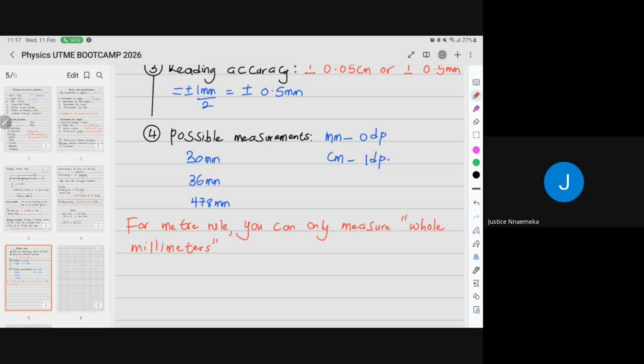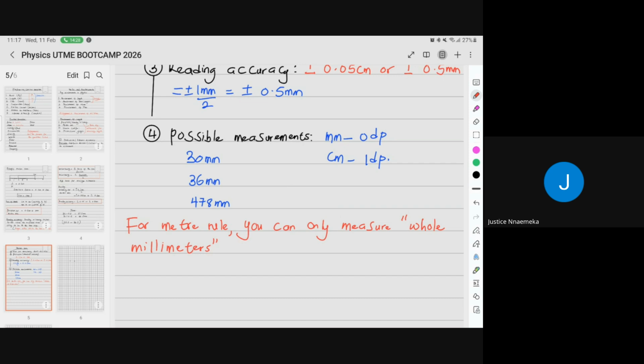So if you're working with millimeter, you always have a whole number. Every length you measure with a meter rule will be a whole number in terms of millimeter. Then if it is in centimeter, it's going to be one decimal place.